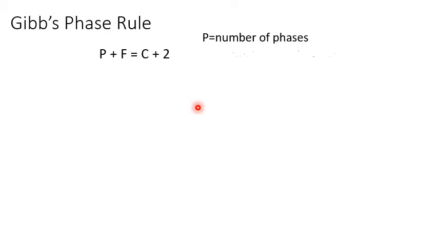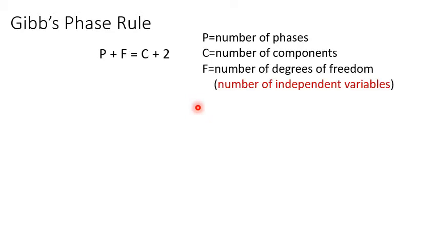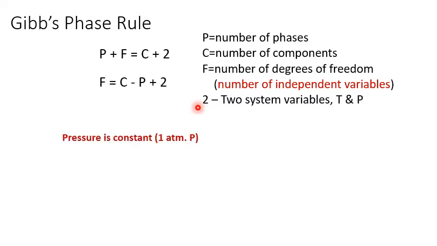So: number of phases, number of components, degrees of freedom, and two system variables. Normally, whenever we have a phase diagram, we know the number of phases and components, and we need to know which independent variable we can control.